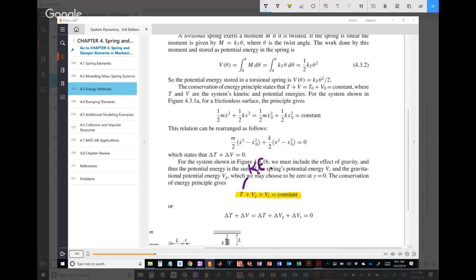This is mgh, our potential energy, and then this was our 1/2 kx squared, the spring potential energy. So we have the spring potential energy, the gravitational potential energy, and the kinetic energy, and we say that's constant.